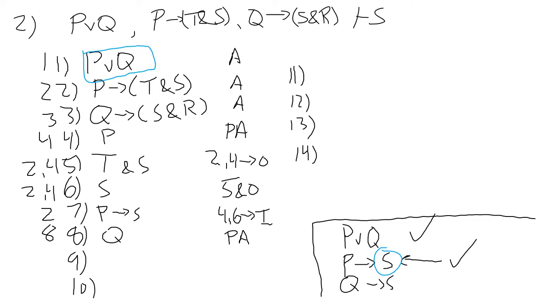So we can toss this Q into the conditional statement in 3 to get S and R. So that's from 3 and 8, arrow out, 3 and 8. Then we can remove the S because that's what we're looking for from 9 ampersand out.